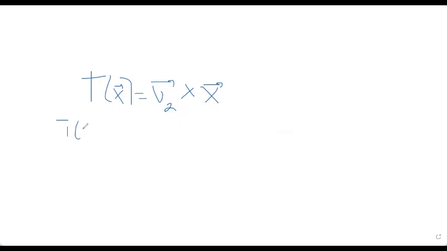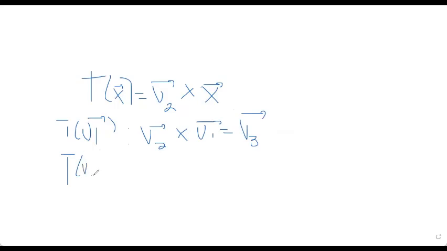If we plug in T of V1, we have V2 times V1. That gives us V3. If we have T of V2, that's V2 times V2. That's going to be 0. And if we have T of V3, that's V3 times V2.